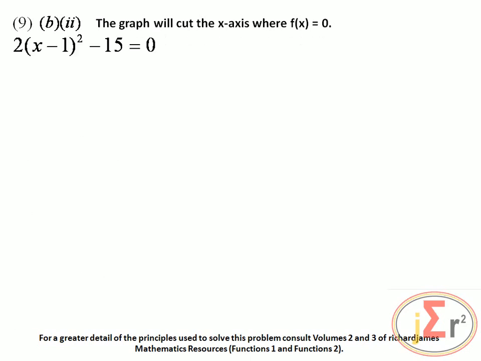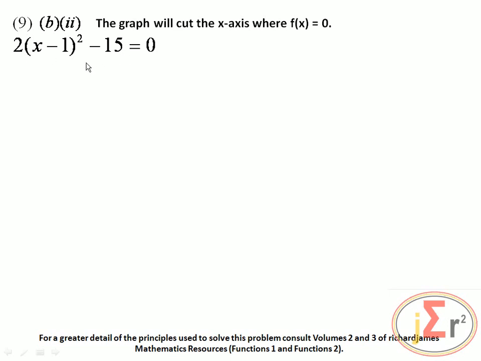Next we need to determine the values of x at which the graph cuts the x-axis, and we know that where the graph cuts the x-axis, f of x is equal to 0. So we have the completed square from the previous slide, and we are going to use that completed square in order to solve the equation 2 times all of x minus 1 all squared minus 5 is equal to 0, because as a matter of fact this is what f of x is equal to if we completed the square.